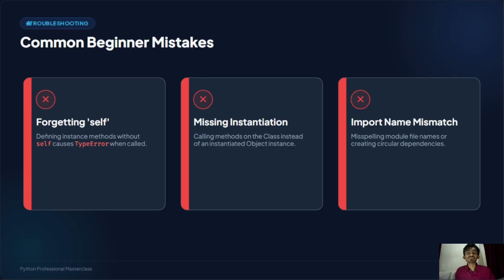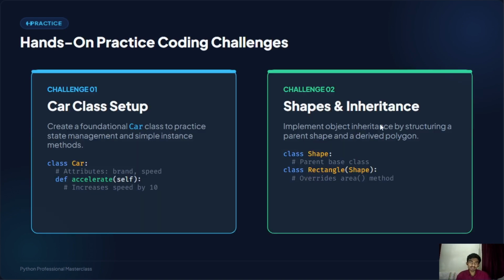Then there is import mismatch, which means what you are importing does not exist. For example, if you make a spelling error, it will cause a module not found error.